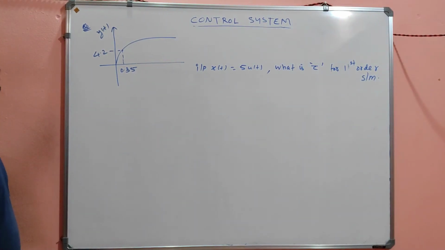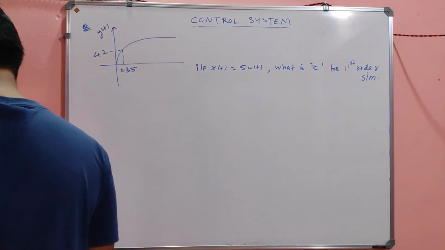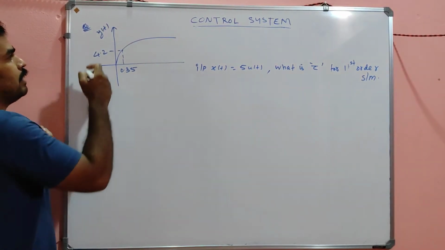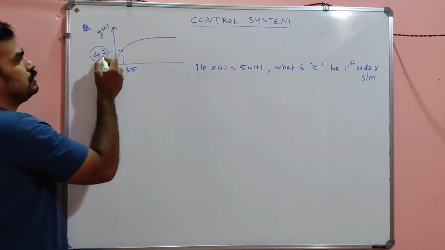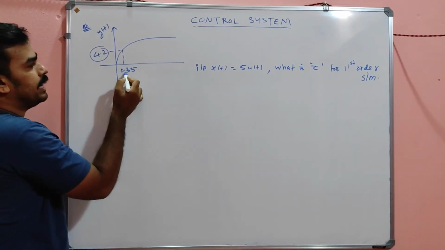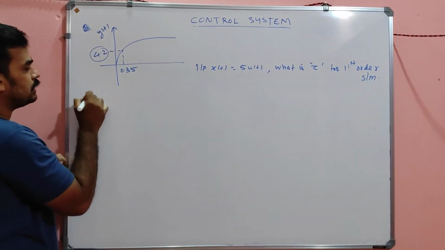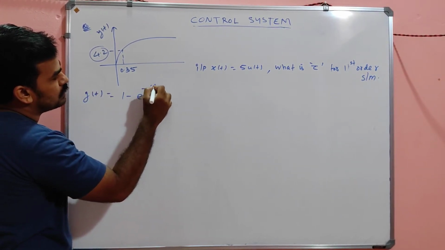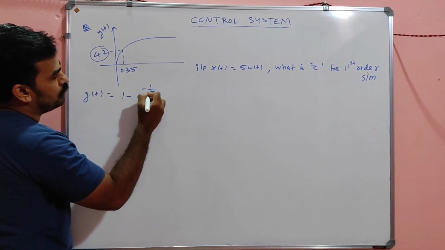Okay, so input is 5 into u of t. What is tau, my dear? You have to find the value of tau. The output is 4.2 at a time 0.35, which indicates that y of t will be equal to, what was the equation? 1 minus e raised to minus 1 by tau into t.